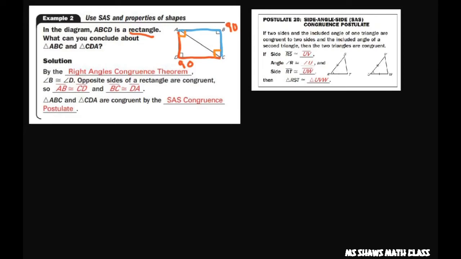All right. So we know that opposite sides of the rectangle are congruent. Therefore, we have a side. These two sides are always congruent on a rectangle. So what we have is a side angle side. So by the side angle side congruence postulate, the triangles are congruent.